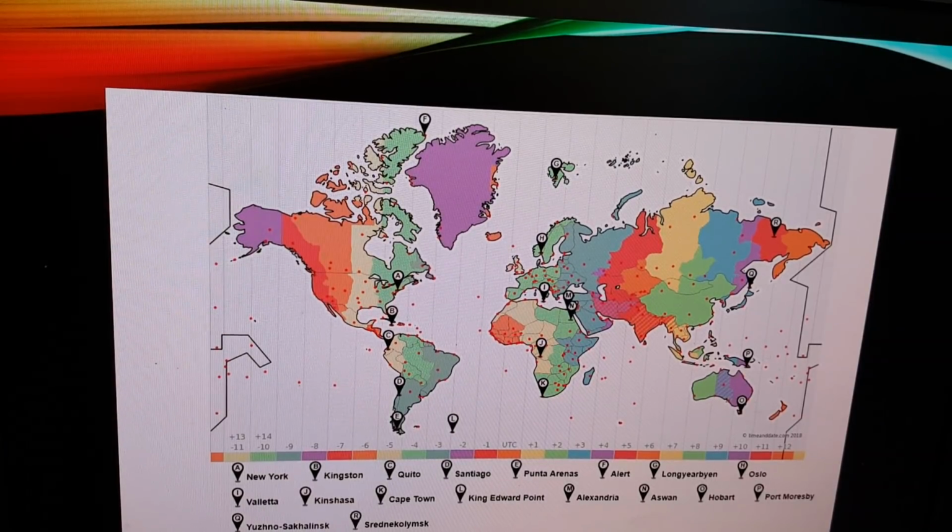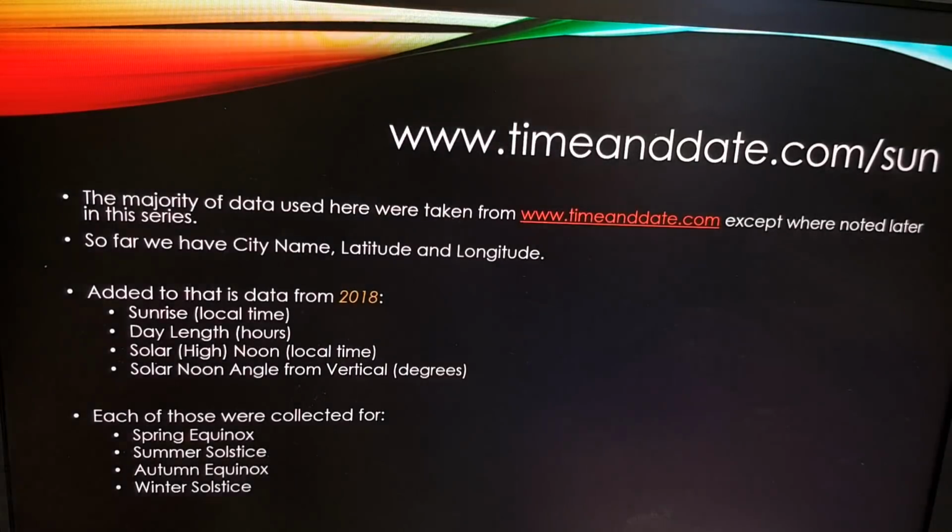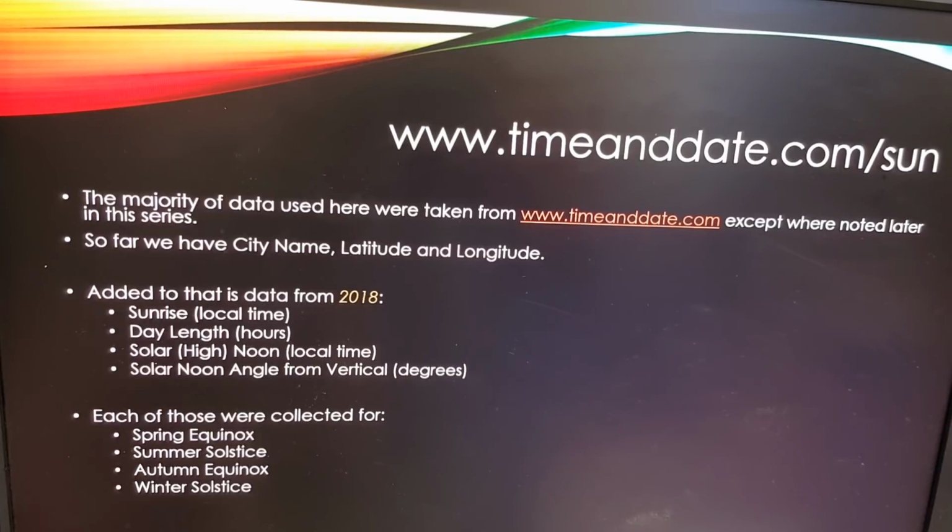So that's my data. The cities, like I said, I picked latitude and longitude. So far in my experiment data, I have city name, latitude, longitude.